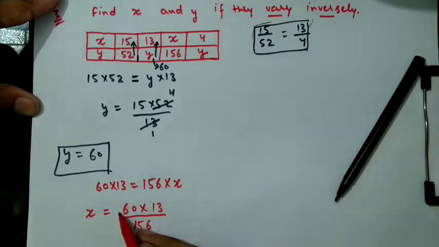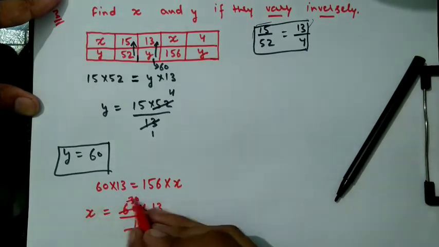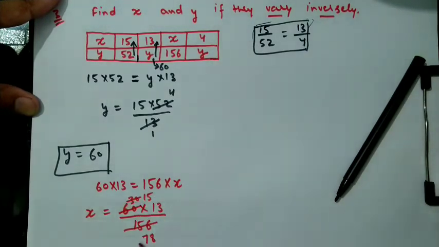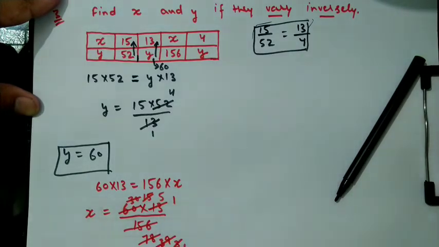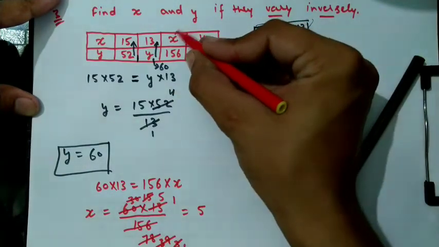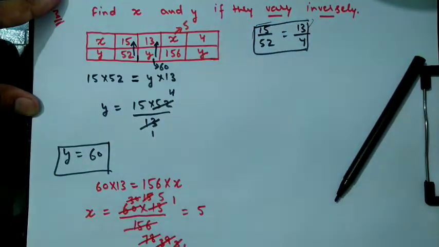By cutting you will get 30 first, and here 78. Again by cutting you will get 15 here, and here 3 and 39, and 13 ones are 13, 13 threes are 39, and 3 ones are 3, 3 fives are 15. Okay, so the value of x you have got is 5. So in place of x you can write 5 here.